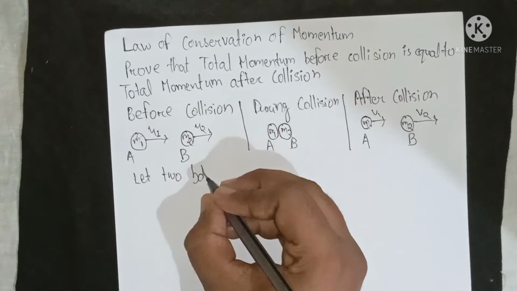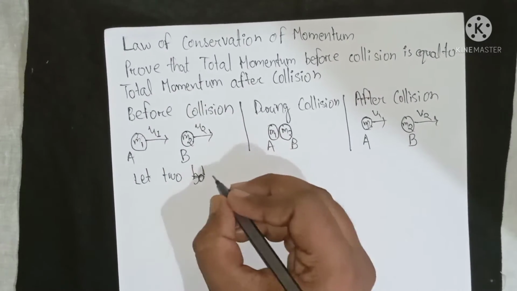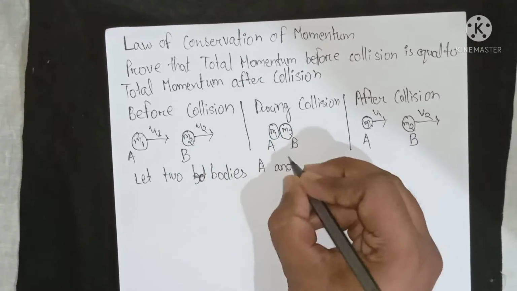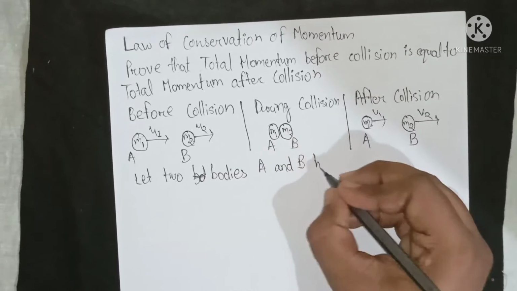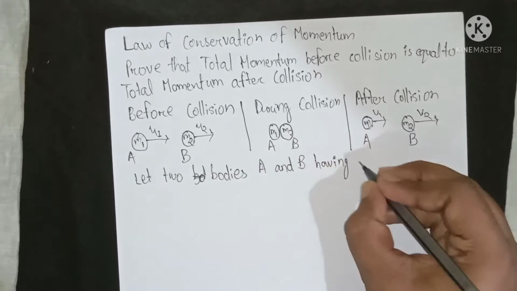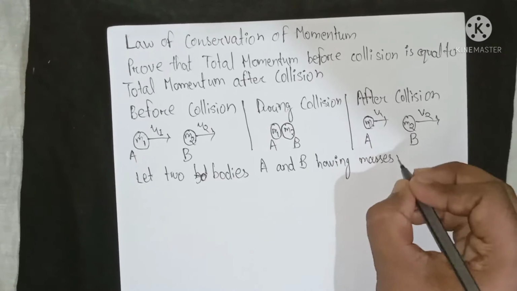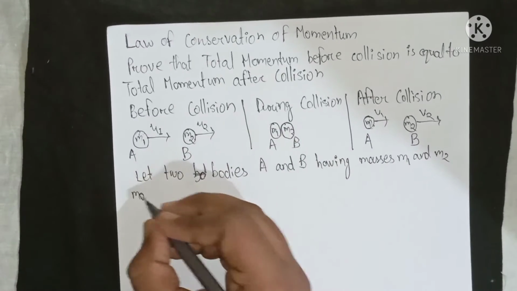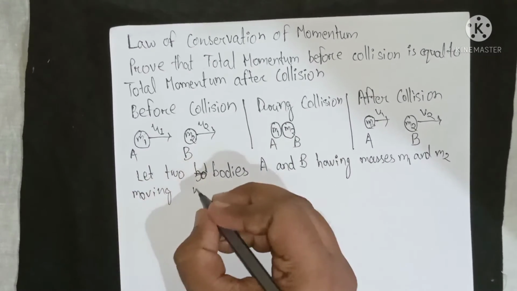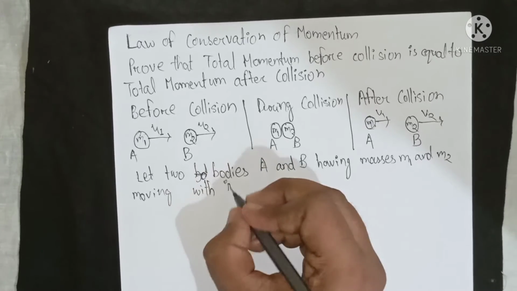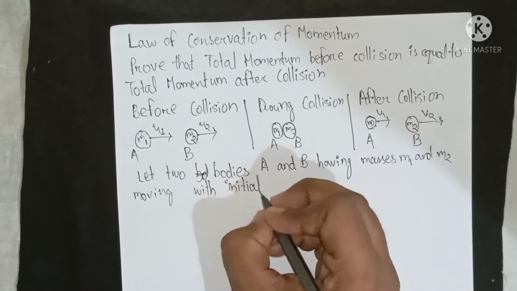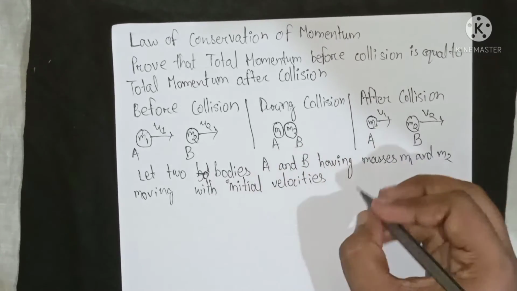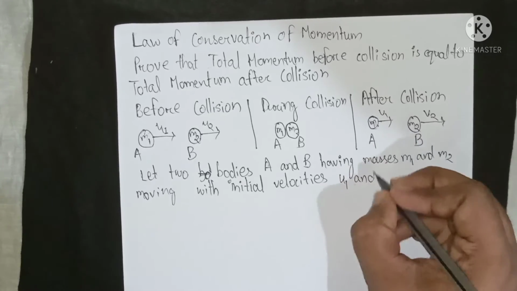Okay, let two bodies A and B having masses m1 and m2 moving with initial velocities u1 and u2.